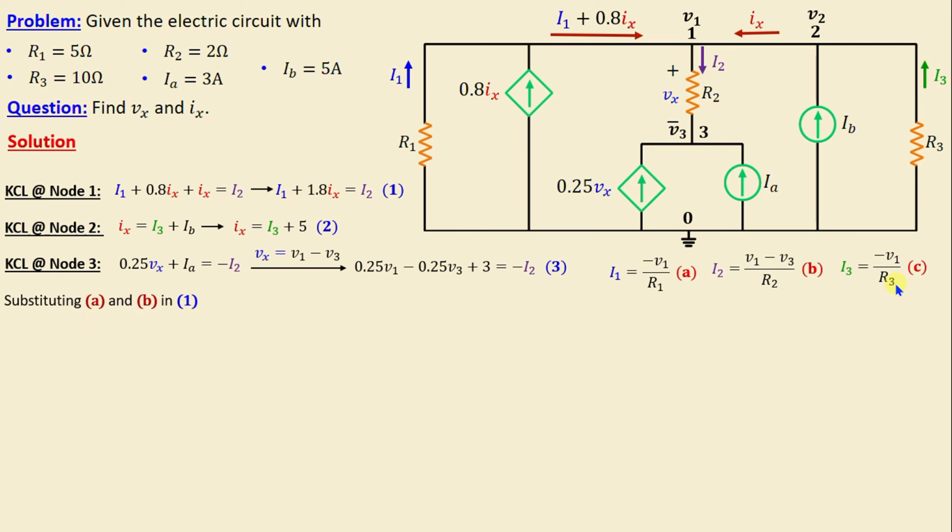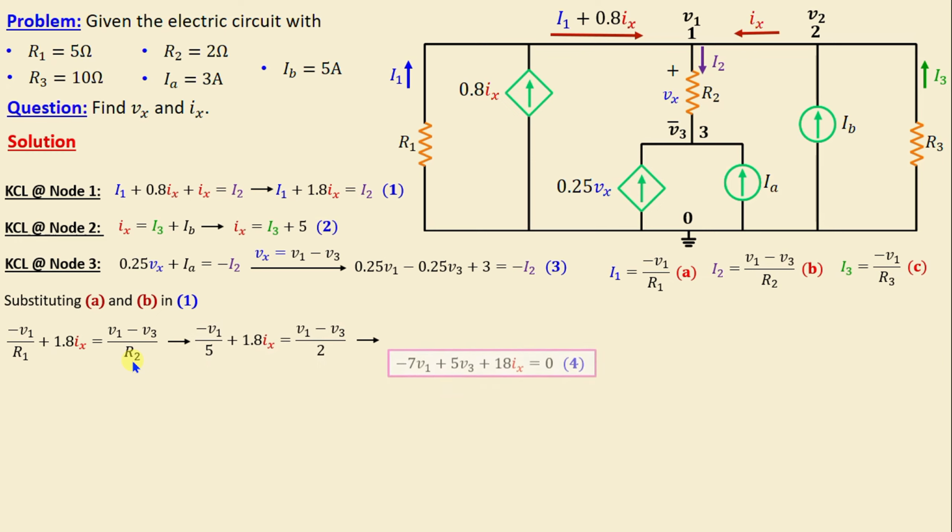Now, by substituting equation A and B in 1, we can write negative V1 over R1 plus 1.8 Ix is equal to V1 minus V3 over R2. By replacing the resistors with their numerical values and simplifying this equation, we obtain negative 7 V1 plus 5 V3 plus 18 Ix is equal to 0.